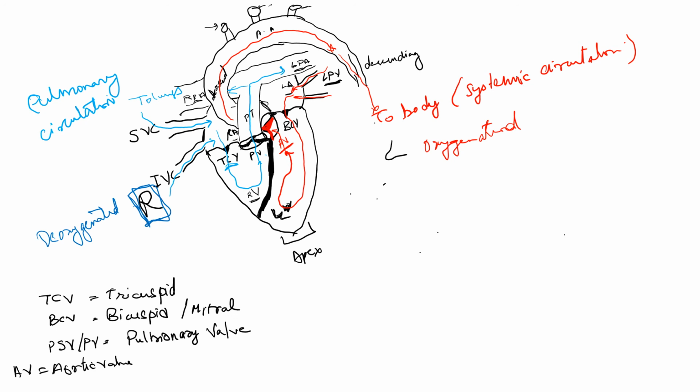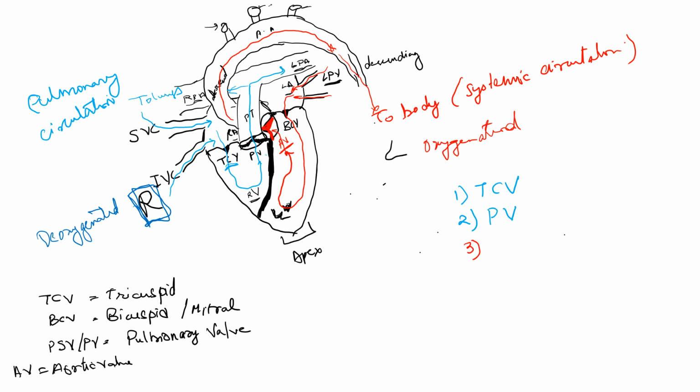blood would pass through the heart valve is first tricuspid valve, then you have the pulmonary valve opening up, blood is taken to the lungs, the blood returning to the heart enters through the left and right pulmonary veins and fills up the left atrium.